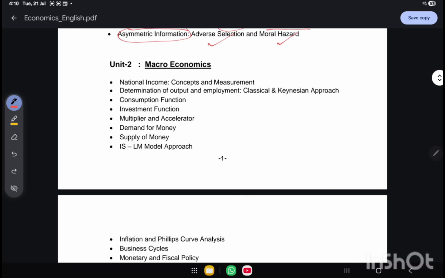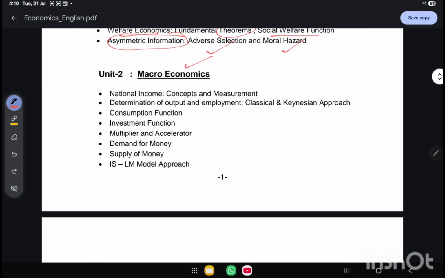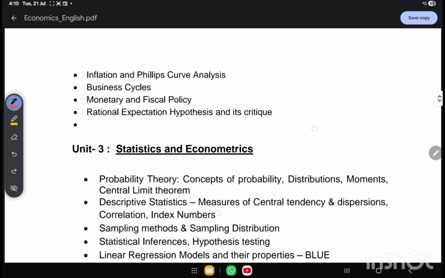In Unit 2, you have macroeconomics, where you learn about national income and determination of output and employment. Basically, you're going to learn about the classical as well as the Keynesian approach. Next is the consumption function, investment function, money multiplier, accelerator, demand for money, supply of money, and the most important IS-LM model approach.